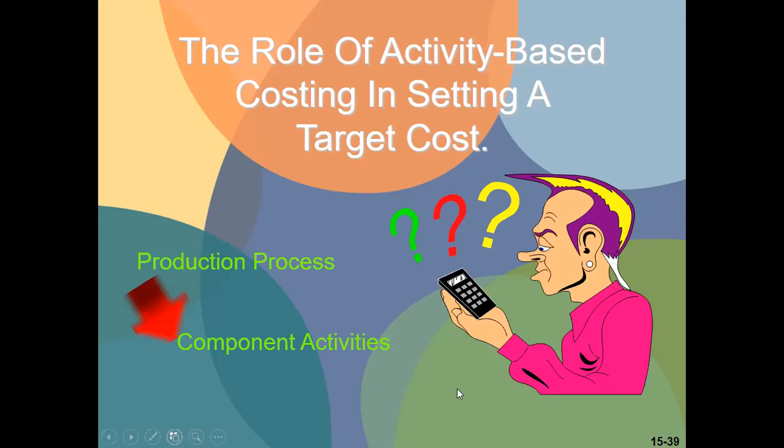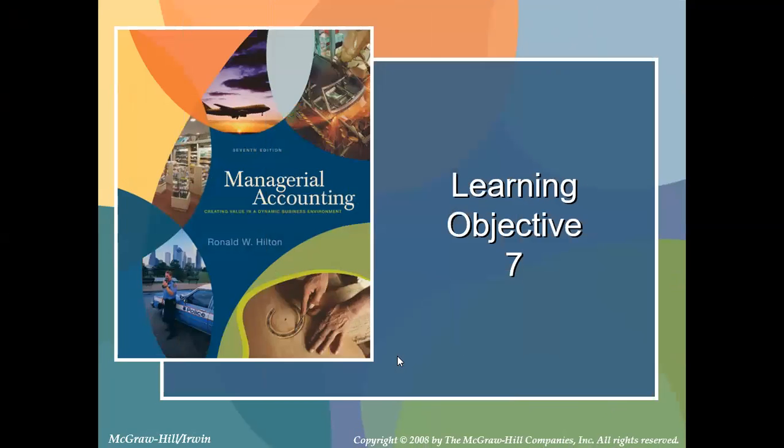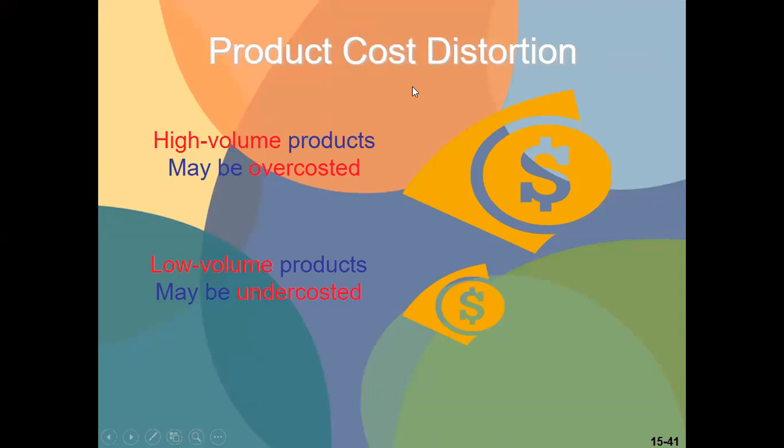That's activity-based management, along with the just-in-time philosophy, among others. So we think of the processes of production and the activities, because we are going to allocate based on these activities. All right. Learning objective 7 will focus on the distortion of the products.